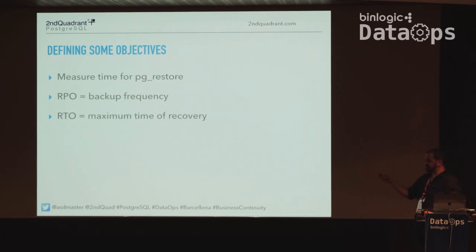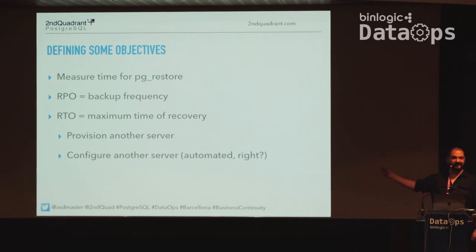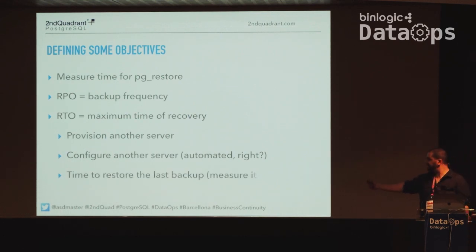The RTO is, as I was saying, the time for recovering the server, okay? And then we have to add to that the time to provision another server, the time to configure another server, and hopefully you have that automated, like using Ansible, stuff like this, and the time to restore everything. And as I said before, you can measure it.